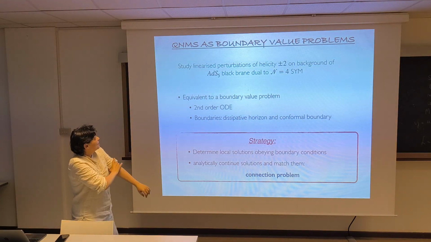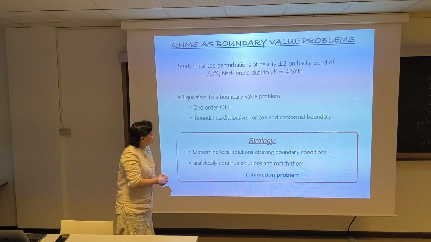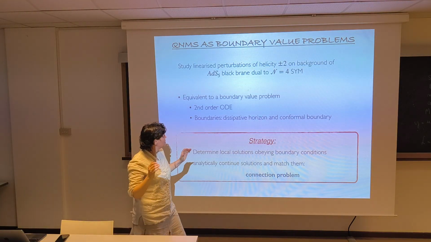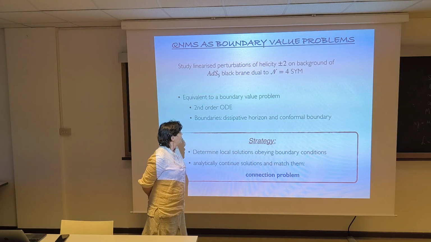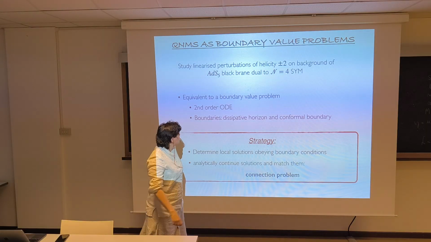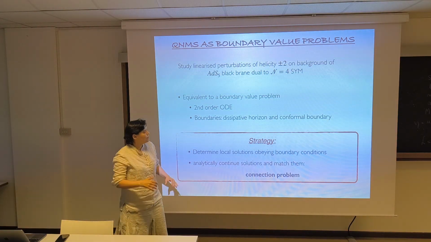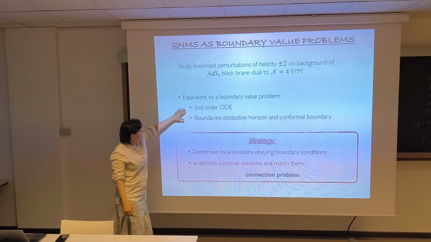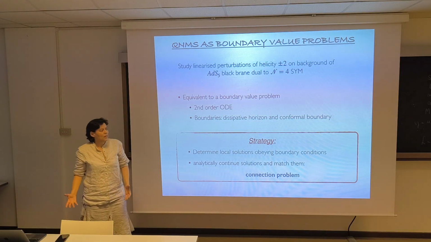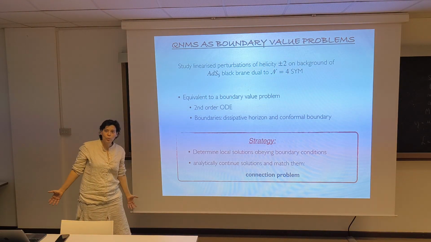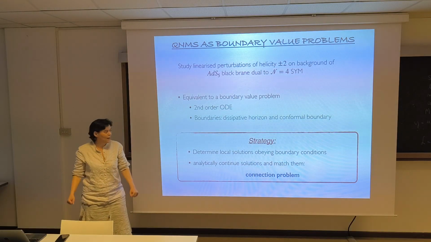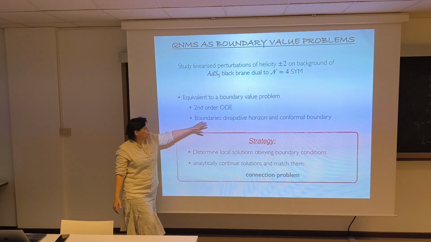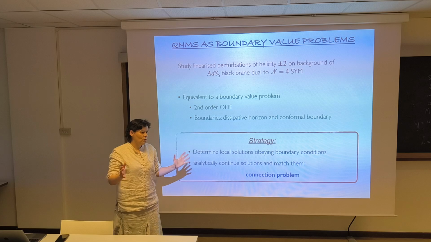So we're studying linear perturbations of a particular type of helicity. These are the scalar perturbations, on top of a black brane, dual to N=4 super Yang-Mills. In terms of the problem I'm studying, this is just a boundary value problem, second order linear, Schrodinger-like. The boundaries are the horizon and the conformal boundary.